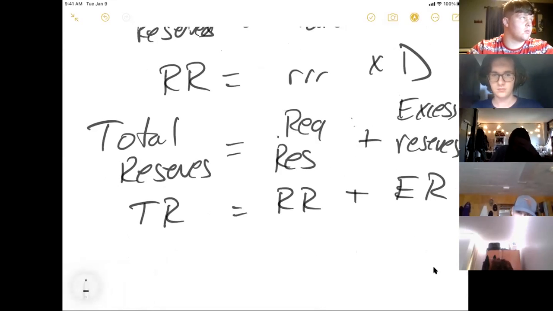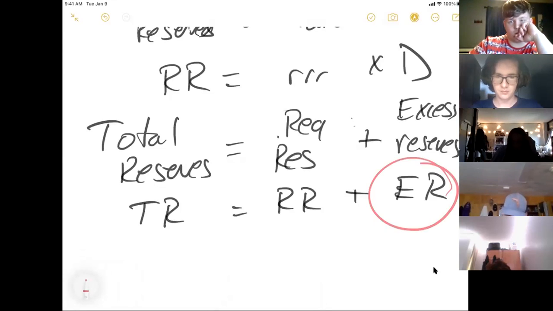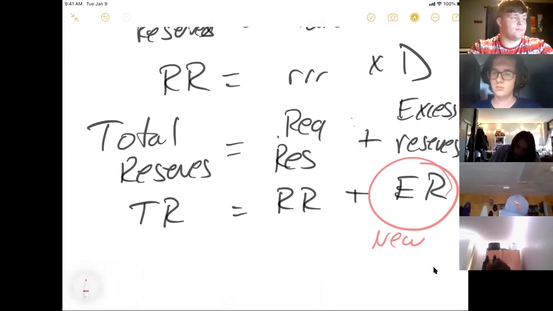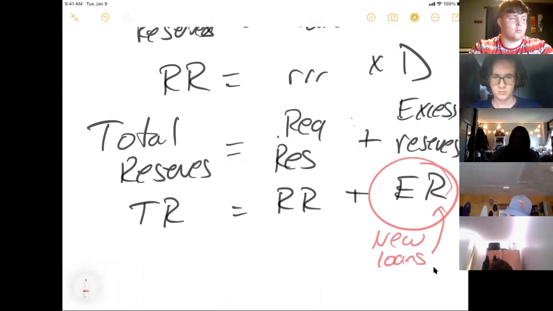Of their total reserves, what's the amount that a bank can actually lend out? Banks can only lend out their amount of excess reserves. That's the amount of new loans that a bank is ready to make. They cannot lend out their total reserves because some of those total reserves they have to keep as required reserves.